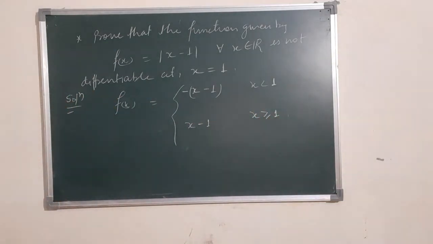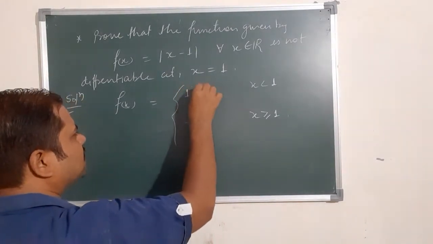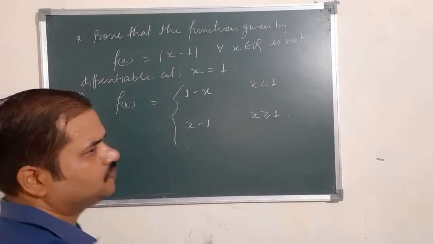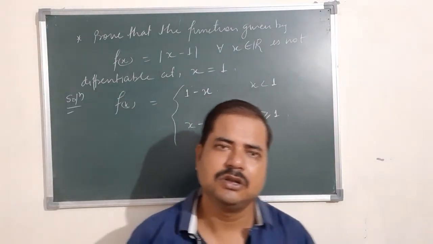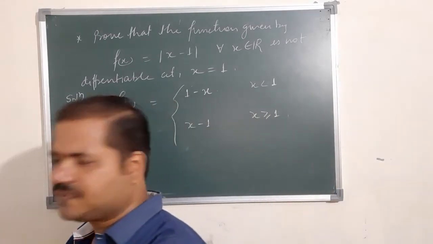Okay, this is the definition of the function. If you want, you can write it as 1 − x also, because −(x − 1) is 1 − x. Now we can discuss the differentiability of this function.